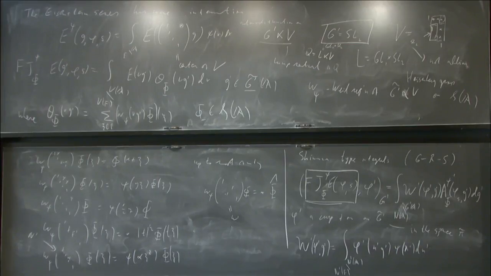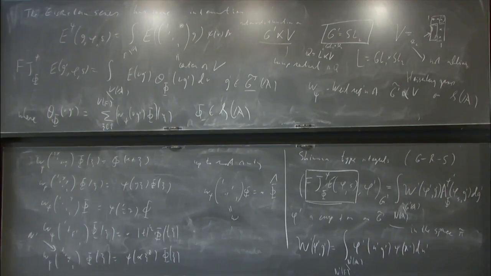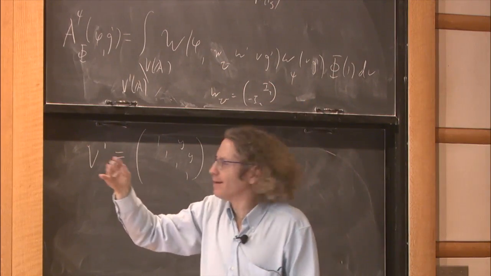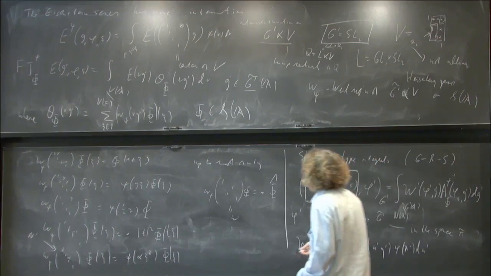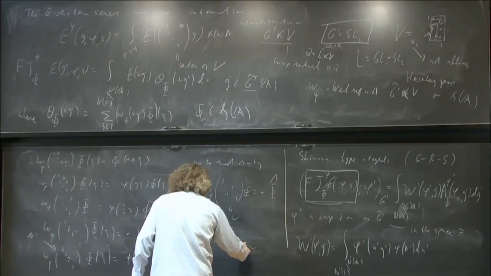So altogether, this is Whittaker on G prime, but it is also something on the semi-direct product of G prime with V. What is the equivariance property of this? Well, I just integrated, right? So the answer is that it's equivariant, it's Hom, tensor with omega psi.